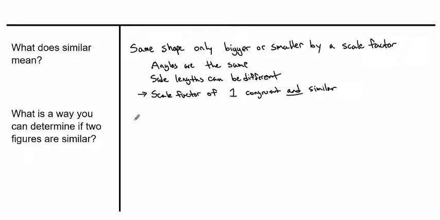Okay, so what's a way you can determine if two figures are similar? You can perform a series of translations, rotations, reflections, and dilations so that the figures are directly on top of each other.